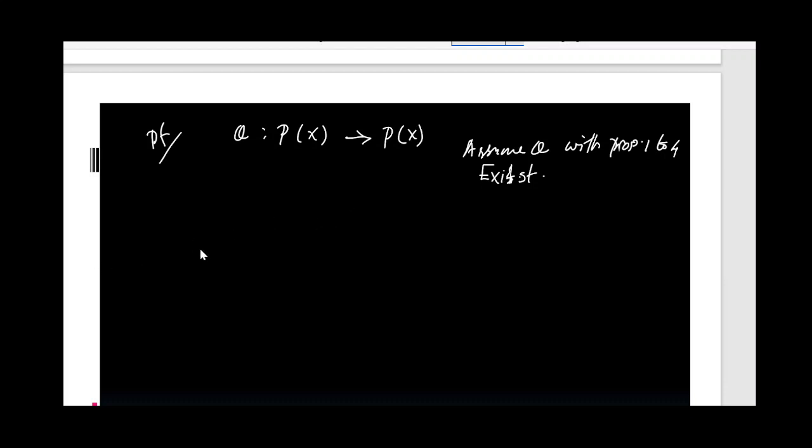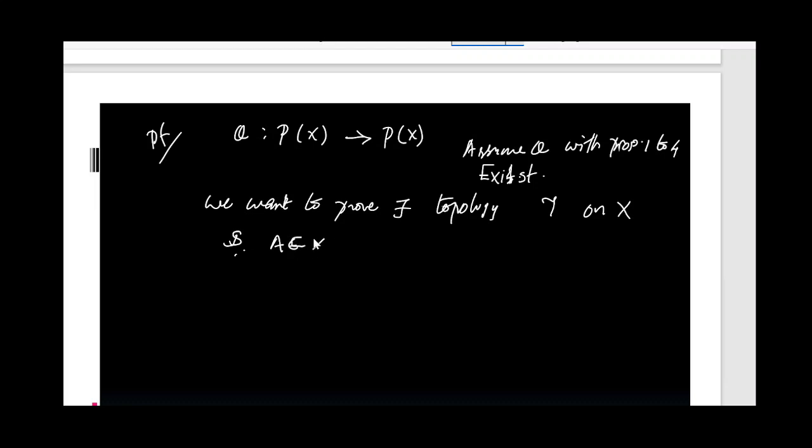So we want to prove there exists a topology script T on X such that for every A subset of X, theta of A is equal to A closure, where the closure is with respect to this topology.